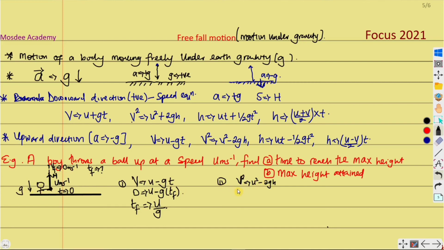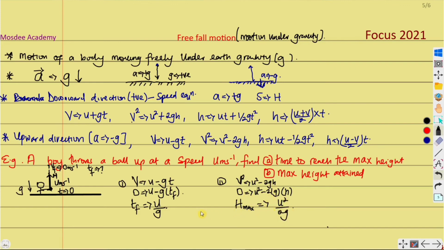We can therefore say 0 squared, which is 0, equals u squared minus 2 into bracket g and the height, which is what we are looking for in this case. We call it h. So making h the subject of the formula, h maximum, or the maximum height the body will reach, is nothing but u squared divided by 2g.